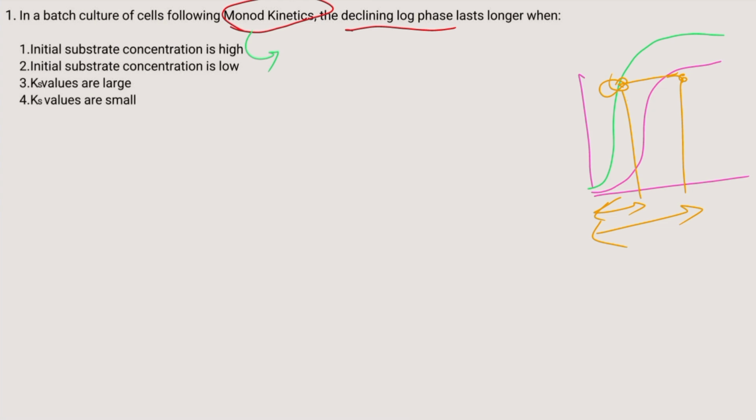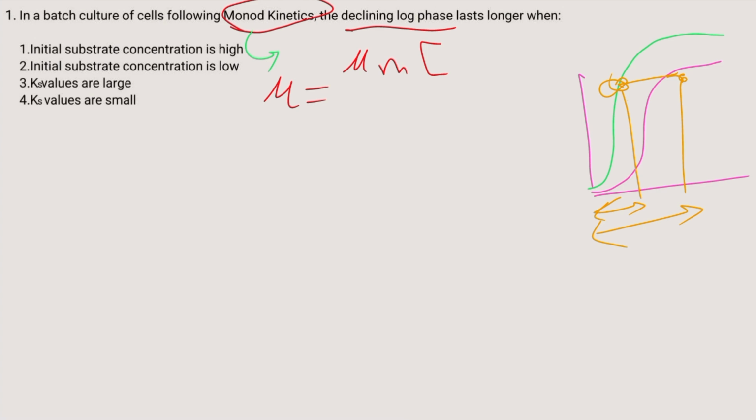The Monod kinetics is just like the Michaelis-Menten equation that was for the enzyme and substrate concentration. So here it will be mu equals mu max times S by Ks plus S. Now what is the mu? Mu is the specific growth rate, and mu max is the theoretically calculated maximum value of the mu.